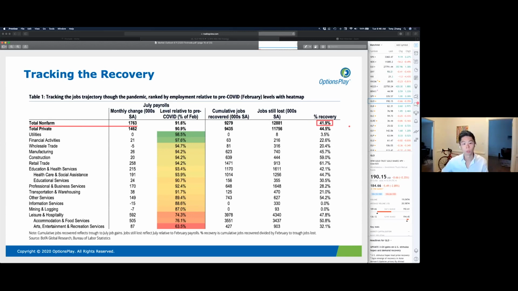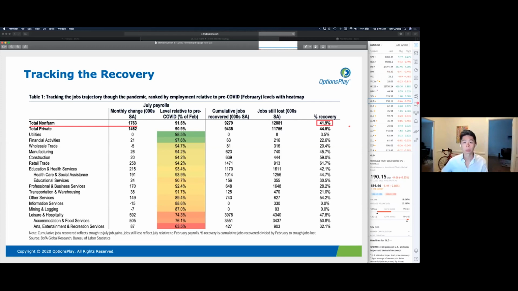However, I will say that part of why equity markets have recovered so fast or so much is due to the fact that every single jobs number we've had since May has surprised us to the upside. They have been better than consensus had expected, and markets are rallying off of that good news. There are signs that this job recovery is slowing down by a significant amount, especially going into August and September.